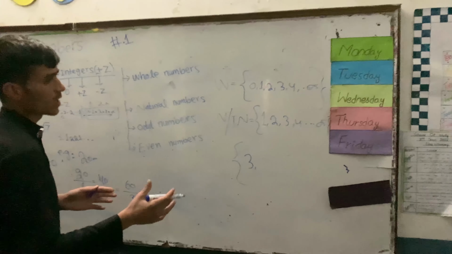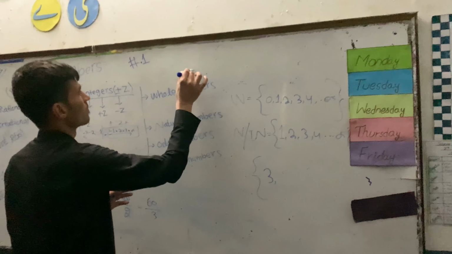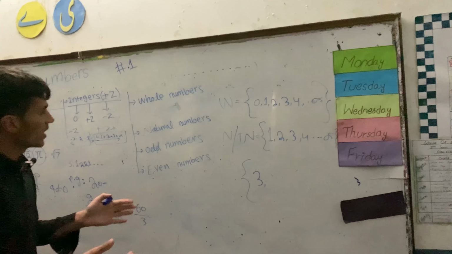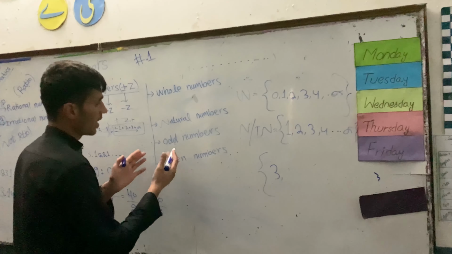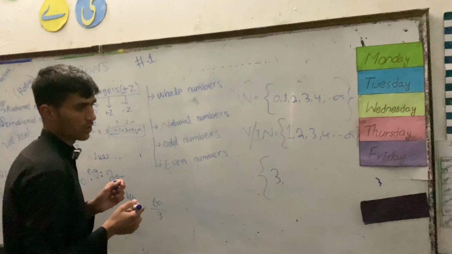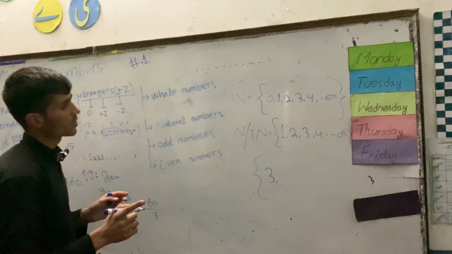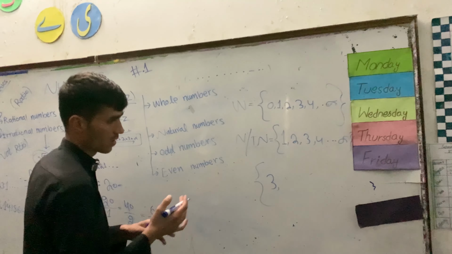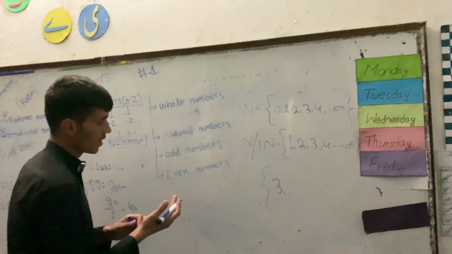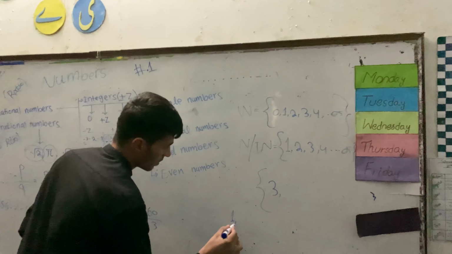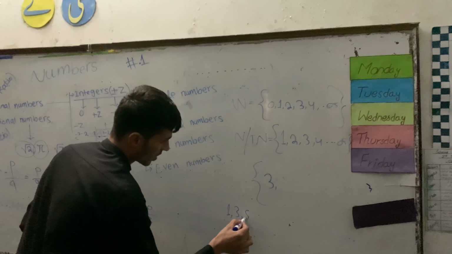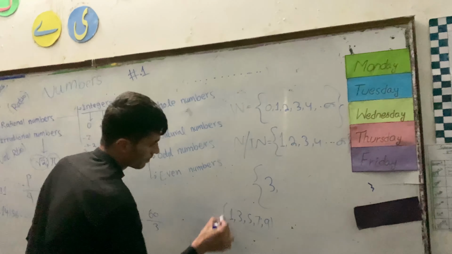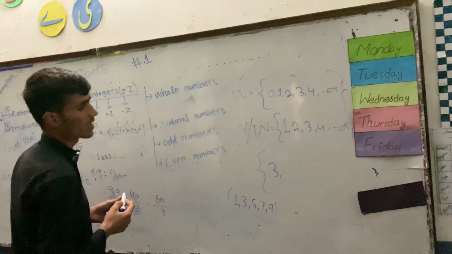So if you are given a large number, how can you understand whether this is an odd number or an even number? A simple technique I want to share with you. Any number whose first digit from right to left is 1, 3, 5, 7, or 9 is called an odd number.